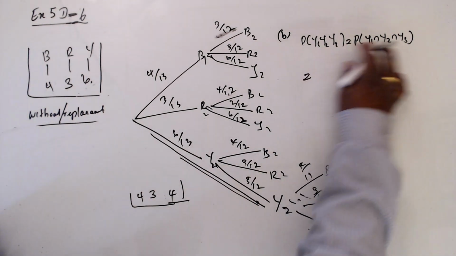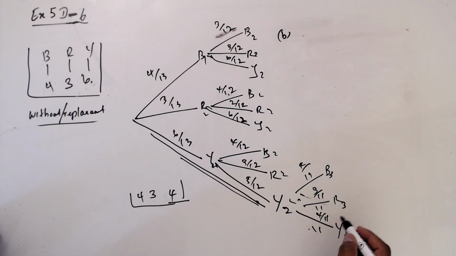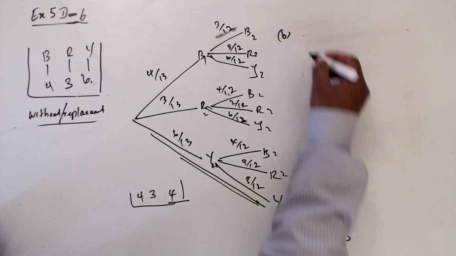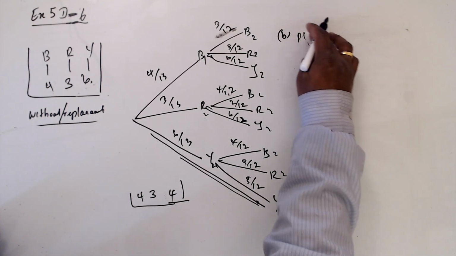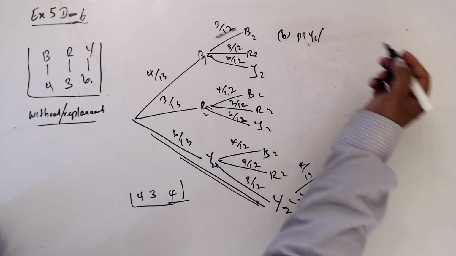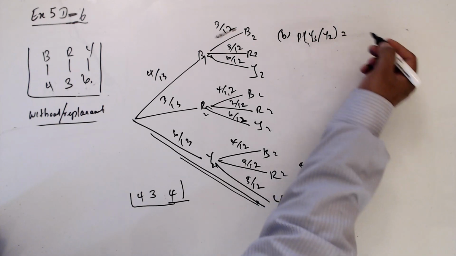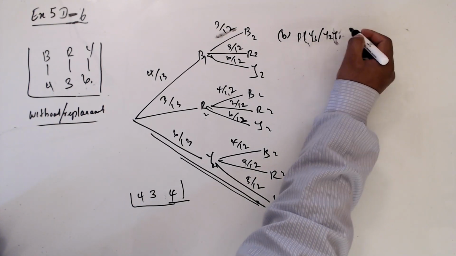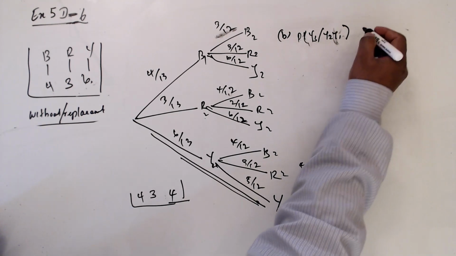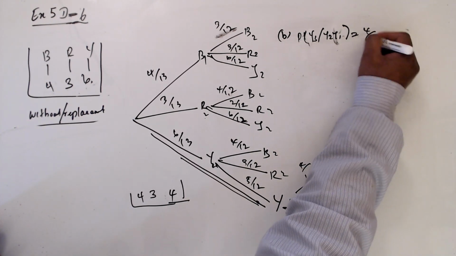Actually we don't need to go that long, because they want the probability of the third one getting yellow, that is probability of y3 given y2 and y1, equal to 4 over 11.